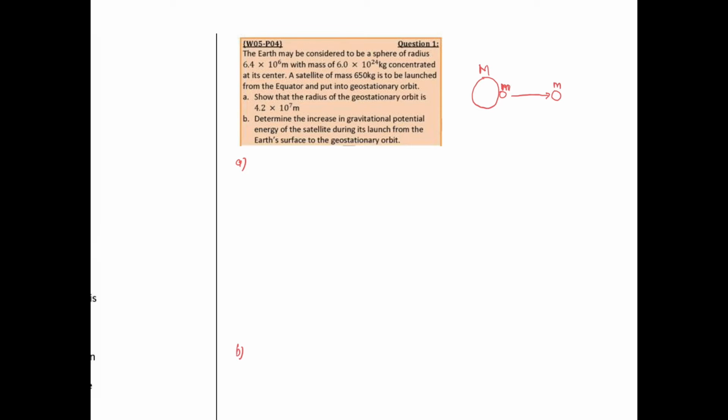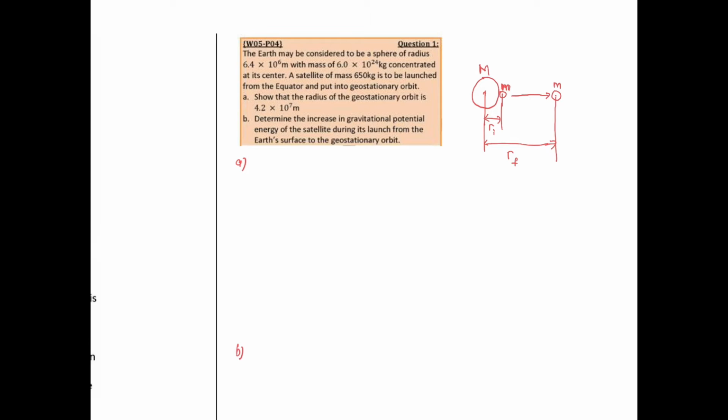Now you just take the value straight away. Initially, you see, initially here to here is the same as the radius of the Earth. So this is Ri. Ri is the same as the radius of the Earth. And at the end, the satellite will reach somewhere in the outer space, which is called geostationary orbit. This is Rf.